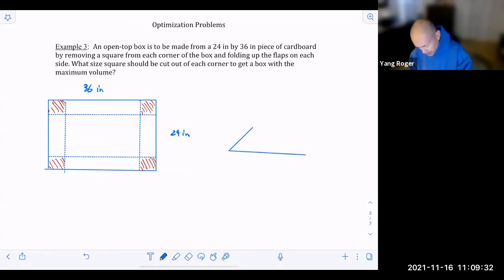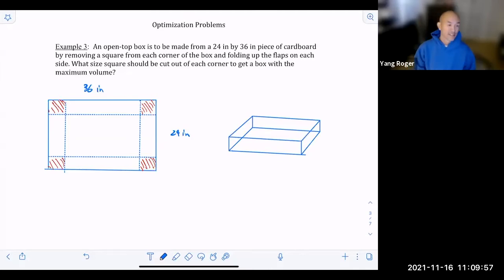So maybe your box looks something like this. You've got to fold up the 4 sides. So here's one side, here's another side, here's another side, and here's the last side. And you can connect the edges. So your box looks something like that.